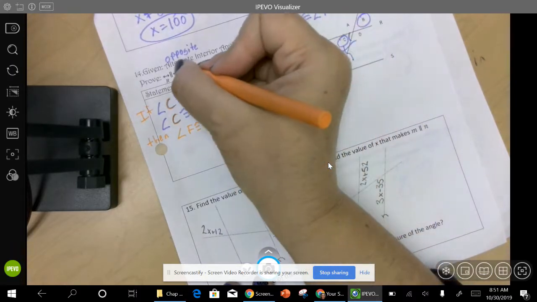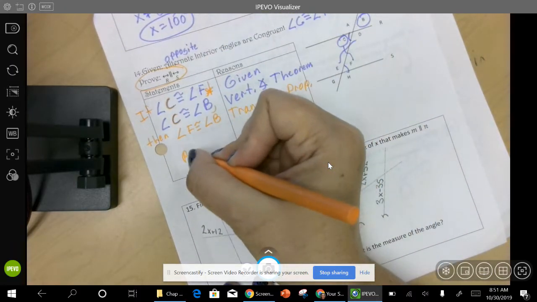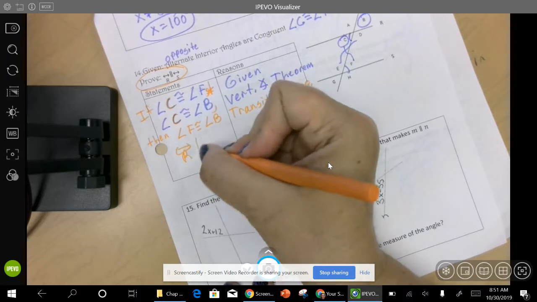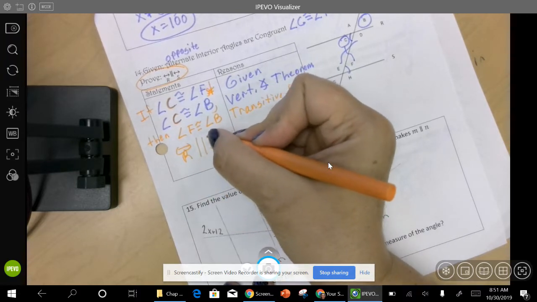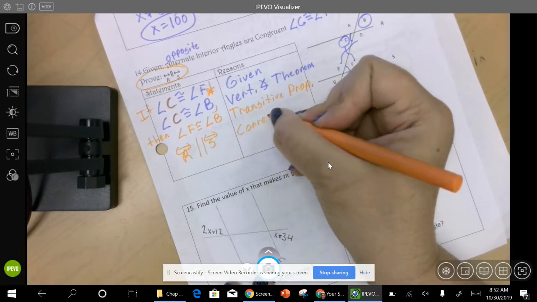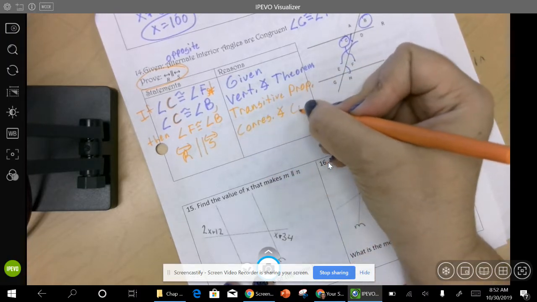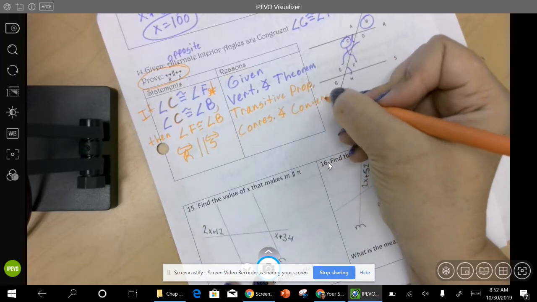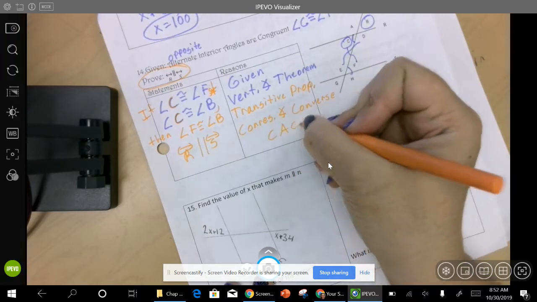Okay, so now we're ready for our proof. So line R is parallel to line S by our corresponding angle converse.